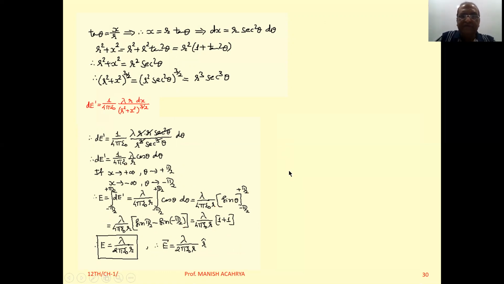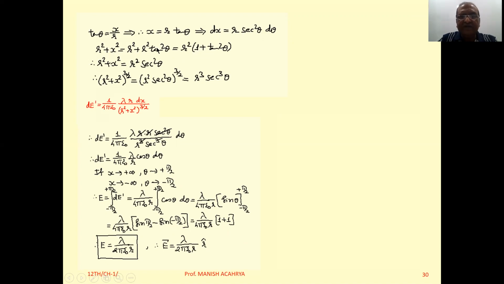Okay. Now see, in the figure we can observe tan theta, that is x by r, opposite upon adjacent. So x equal to r tan theta. So we can write dx, that is r sec square theta d theta, the differentiation of this one. Now r square plus x square, we can write r square, substituting the value of x.